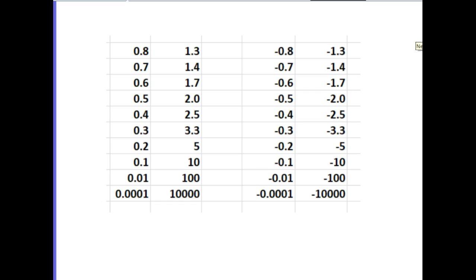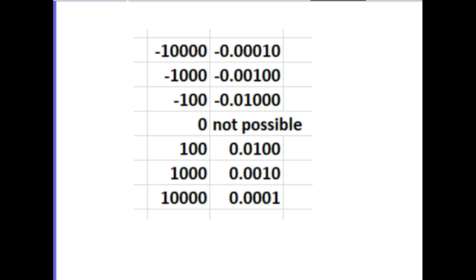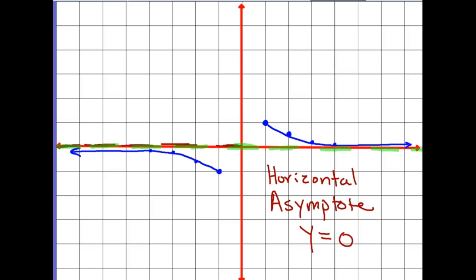And so if I graph 1 over 0.8, the way I got this number is I used an Excel spreadsheet, and I put 1 over 0.8 in my spreadsheet, 1 over 0.7, and you can see as I do this, these numbers get bigger and bigger and bigger.